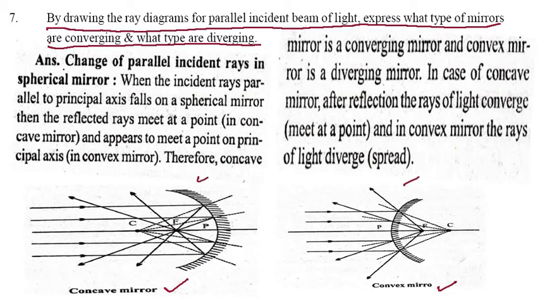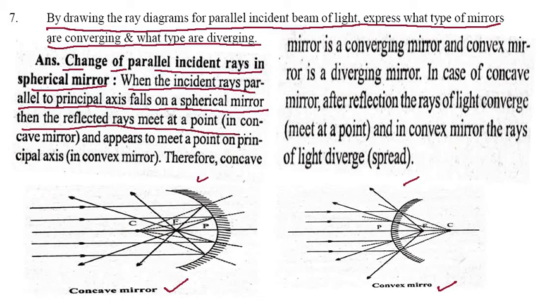So you can write, a beam of parallel incident rays on the spherical mirror. When the incident rays parallel to the principal axis fall on the spherical mirror, then the reflected rays meet at a point, or appear to meet at a point, on the principal axis.